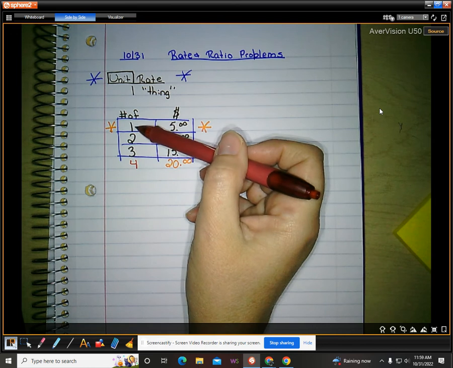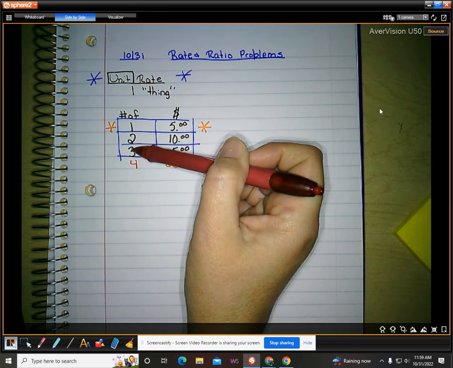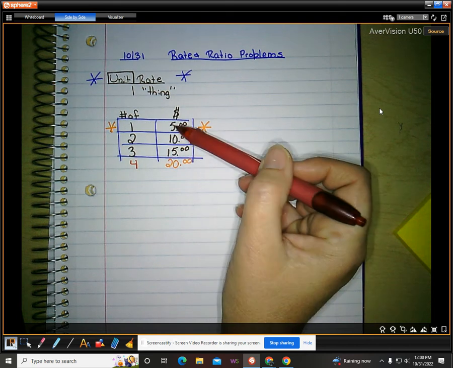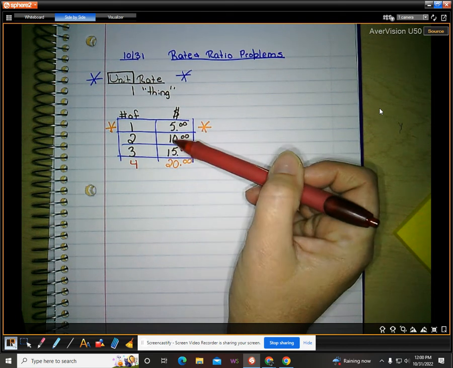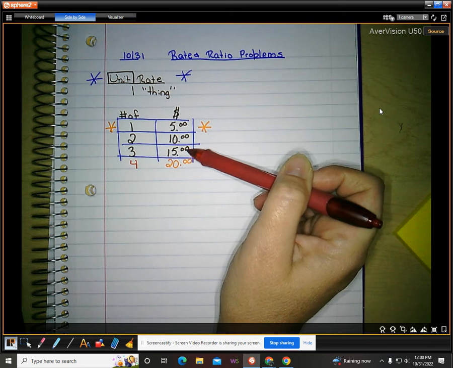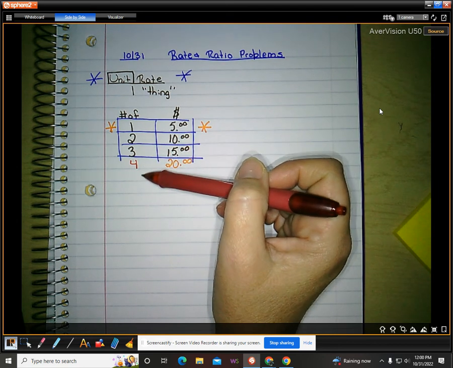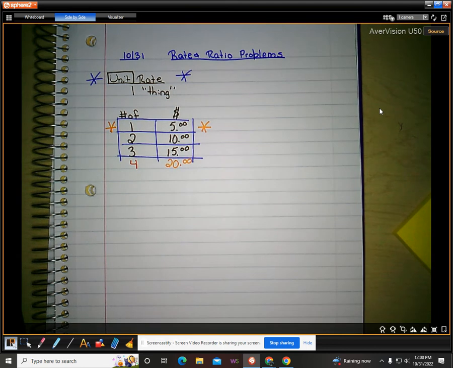So since these numbers are consecutive, 1, 2, 3, and these went up by 5, for every roll, it went up $5. 2 rolls, we're now at 10. 3, we're now at 15. She knows it's just going to go to the next number, which would be 4. Yes. Anyone think about that a different way? That works, and she's right.